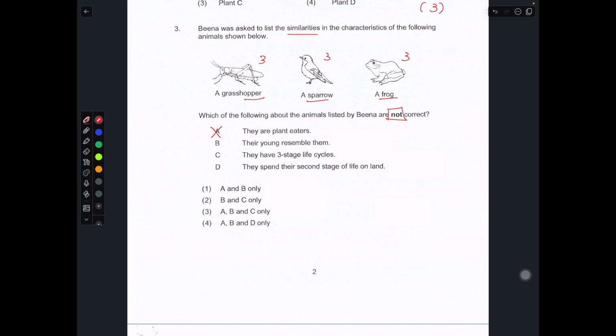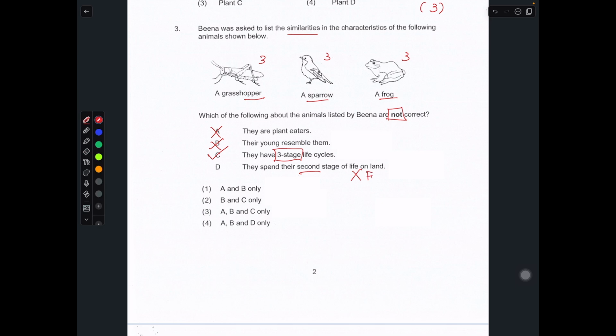Their young resemble their adult. Yes, for grasshopper and sparrow, but not for frog. They have 3 stages in their life cycle. This definitely, all of them have 3 stages. They spend their second stage on land. This is probably true for grasshopper and sparrow, but not for frog.